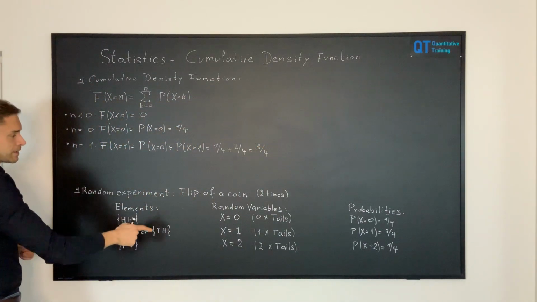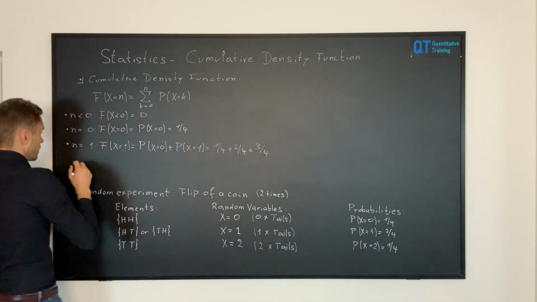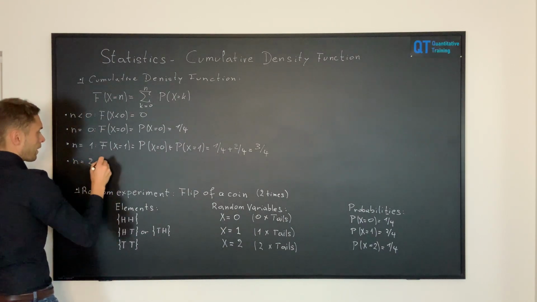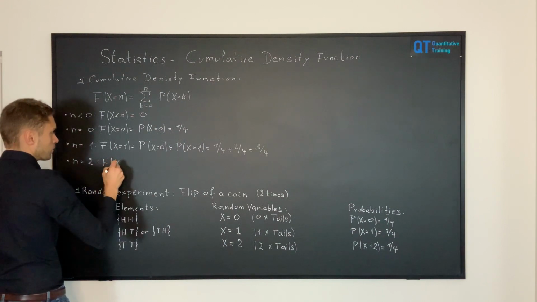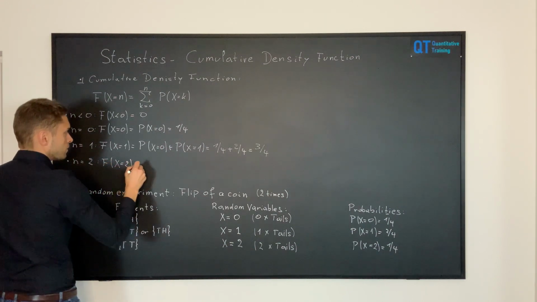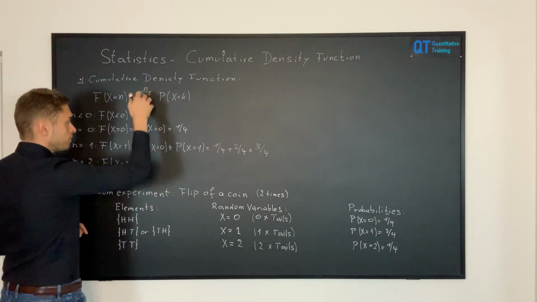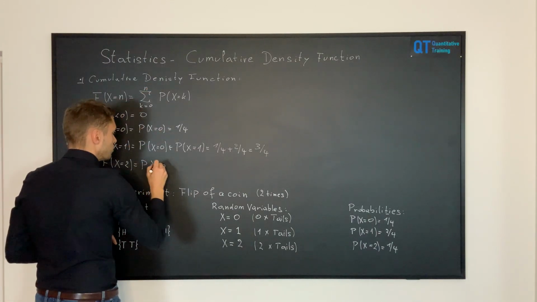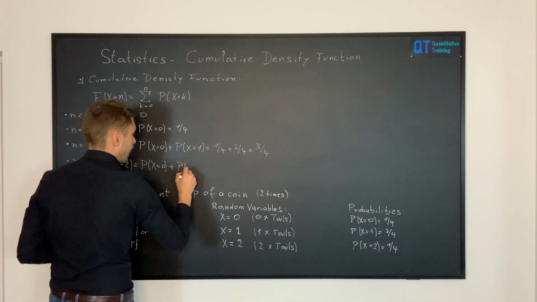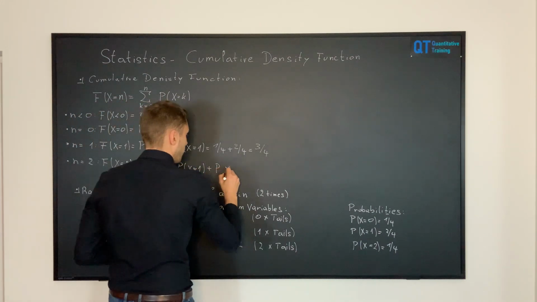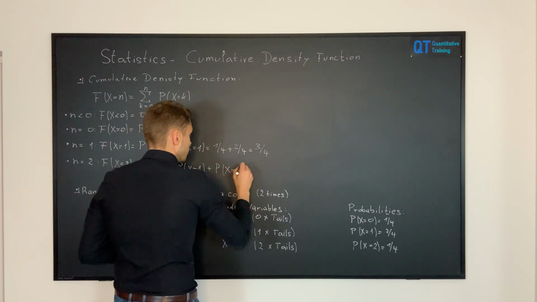And the last case is n equals 2. So F of x equals 2. We have to sum up this time from k equals 0 up to 2. So P of x equals 0 plus P of x equals 1 plus P of x equals 2.